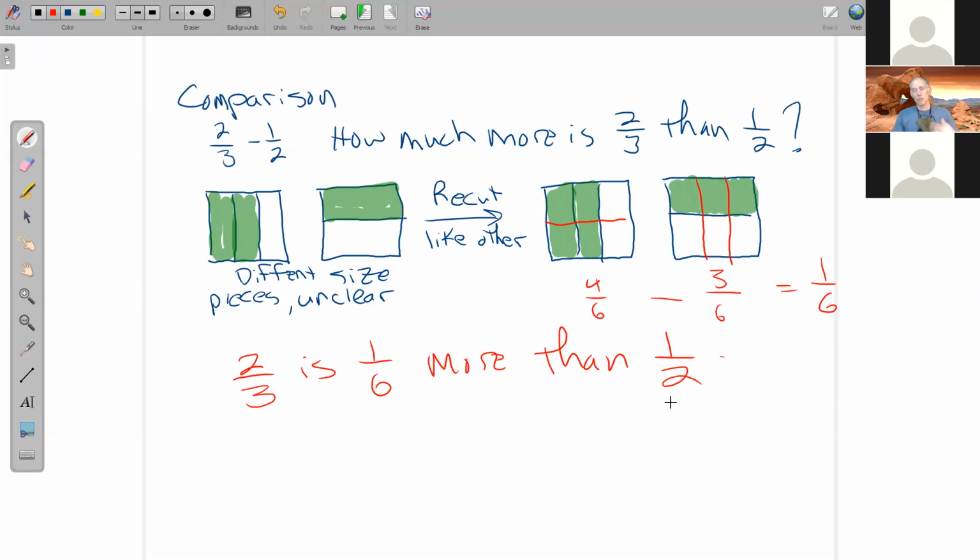So comparison, picture's a little bit more work than takeaway, but I think it's more clear what's happening with the comparison. So that's my preference in how to model the answer. And we couldn't do the comparison without having a common denominator because we had to see the same size pieces. So just a note here, we need same size pieces to make a comparison.